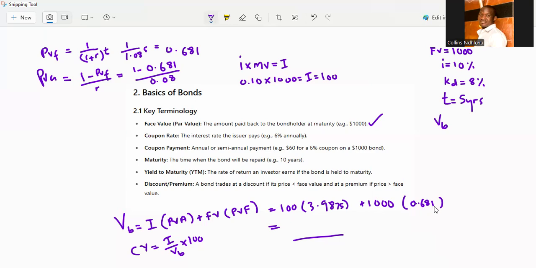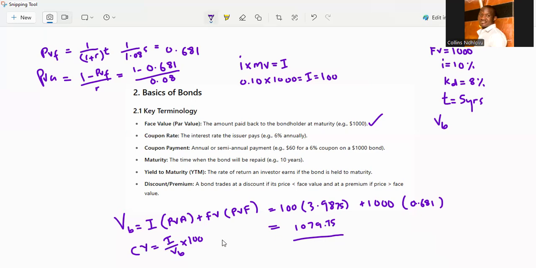What are you getting? 681 plus 398.75, which is 1079.75. So this is the value of the annual bond.